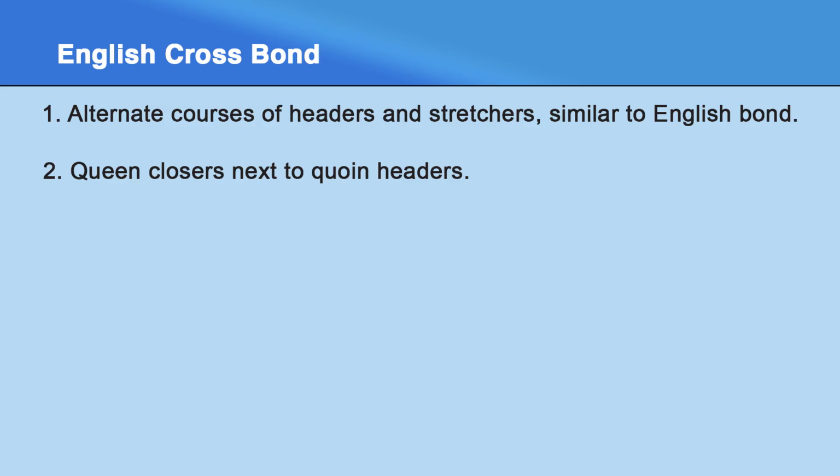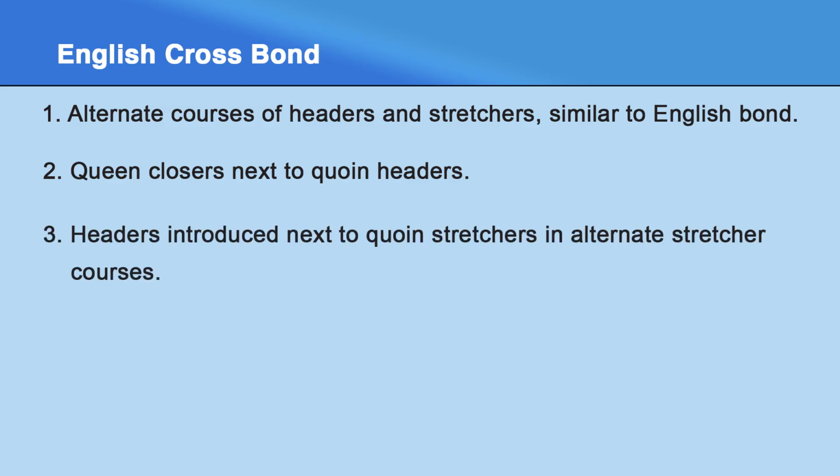This arrangement provides a strong structural base and ensures effective load distribution across the wall. Queen closures placement: to prevent continuous vertical joints, the queen closures are strategically placed next to the quoin headers. This ensures a strong interlock between the courses, enhancing the overall stability of the wall.